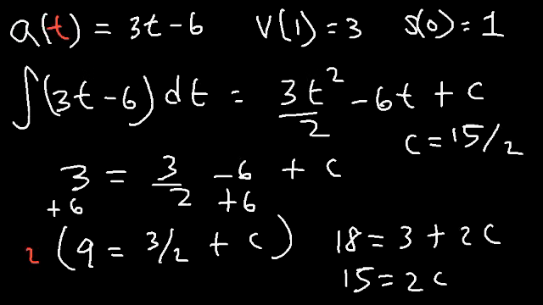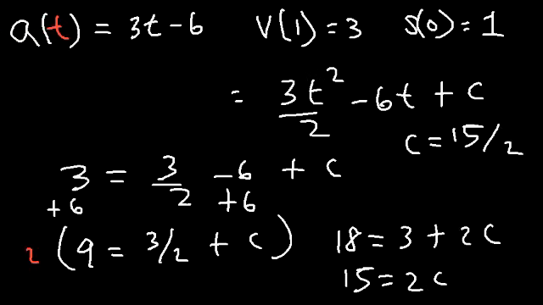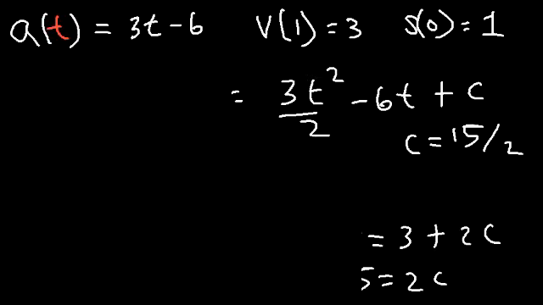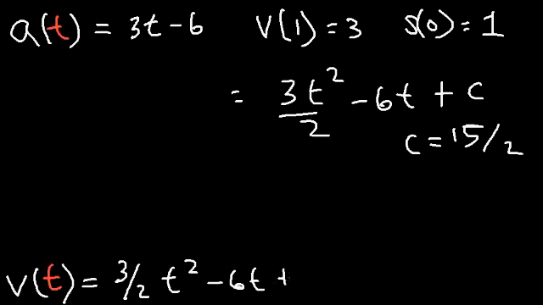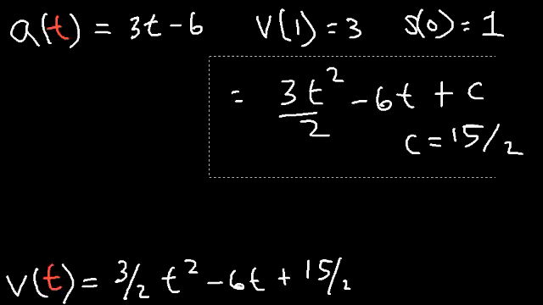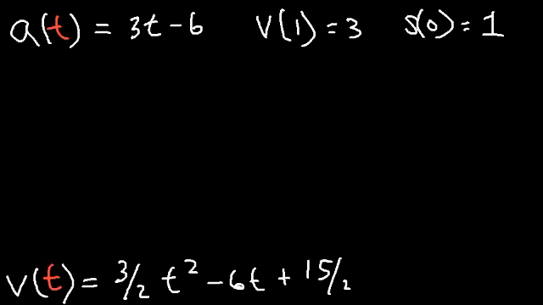So now we have the velocity function. So v of t is therefore 3 over 2 t squared minus 6t plus 15 over 2. So now we can find the position function, which is the integration of the velocity function.